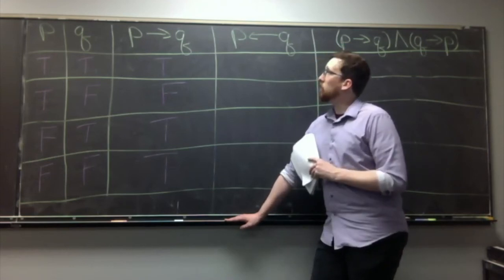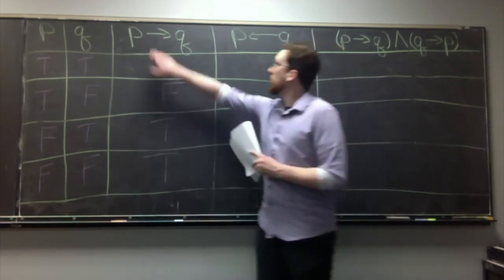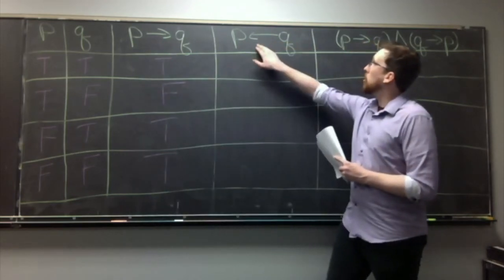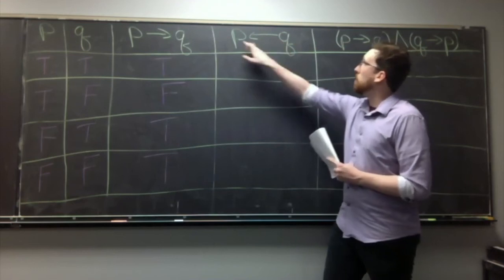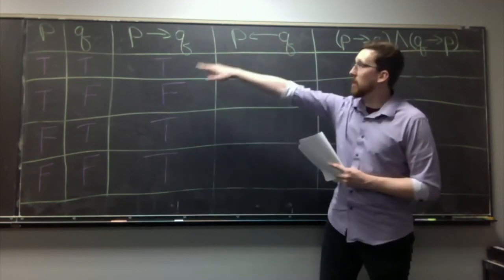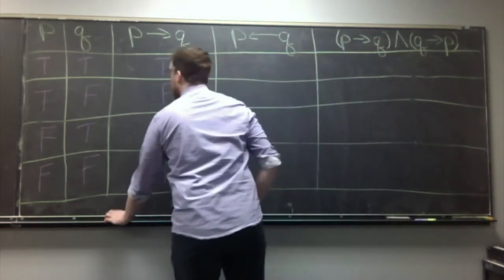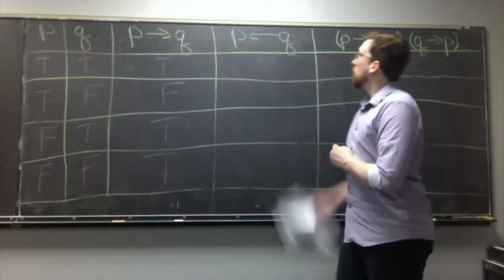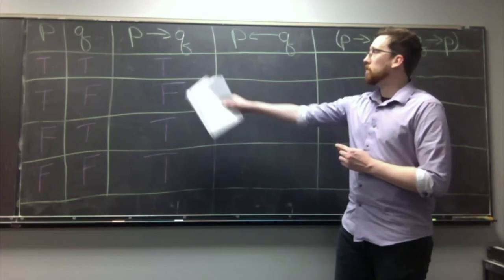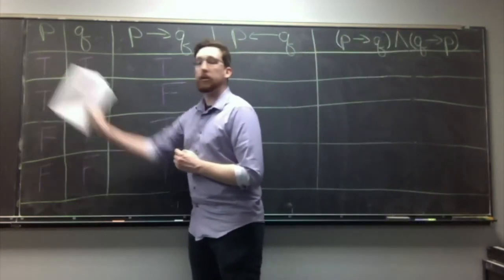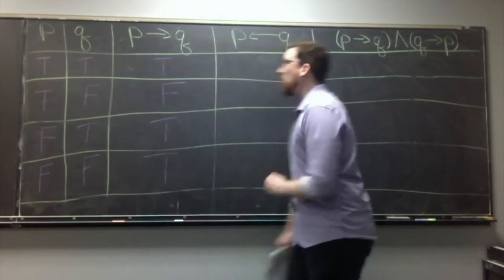Having said that though, we now want to use these truth values to determine what the truth value for Q implies P would be given each of these cases. Well, for Q implies P, we're moving in the opposite direction. To start off with, we've got true implies true. Well, we already knew that was true.